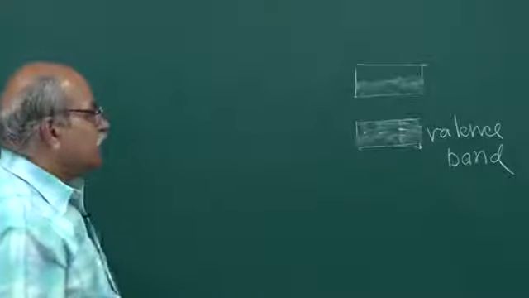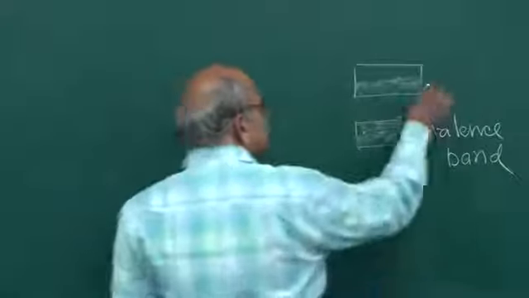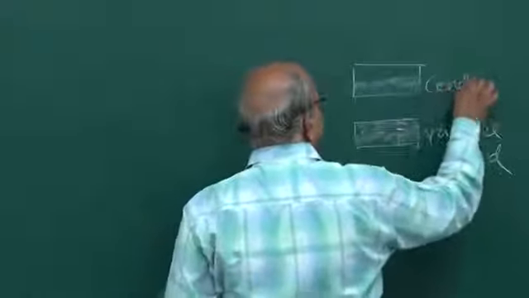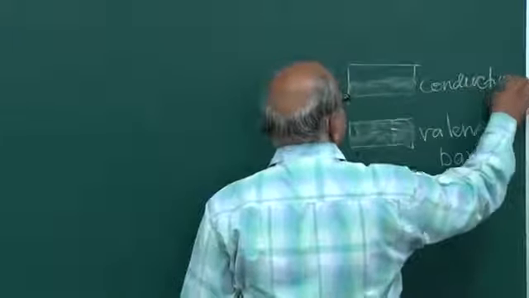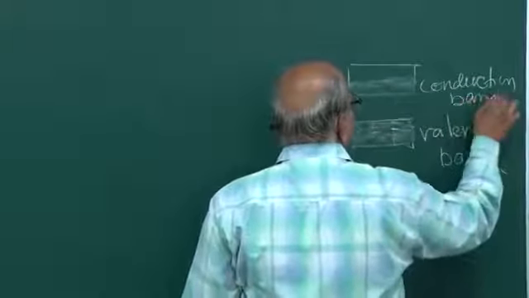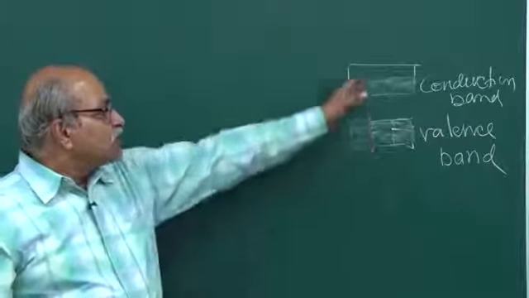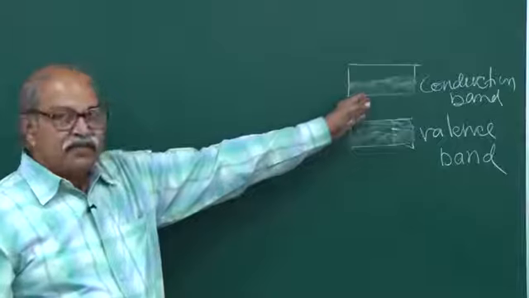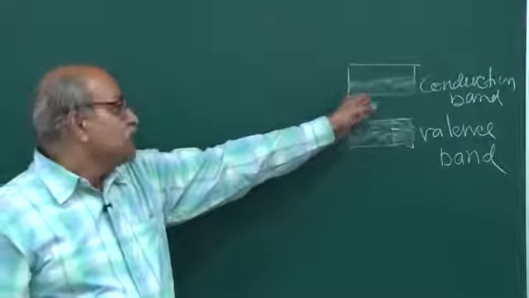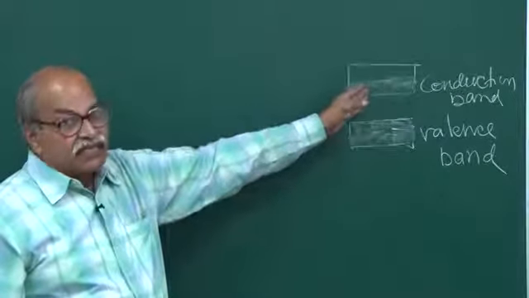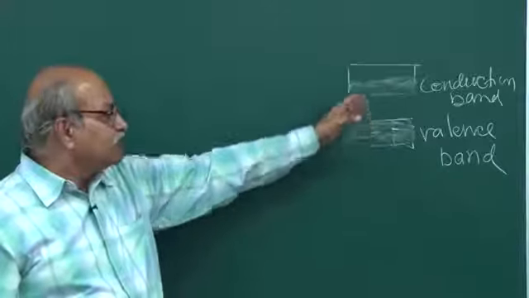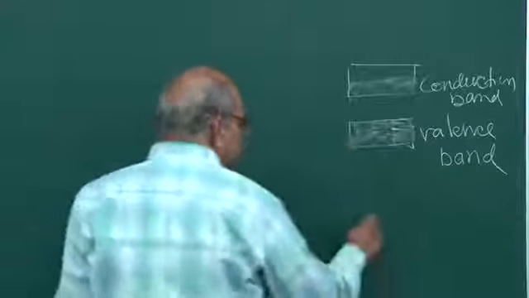This is one kind of situation where the conduction band is partially filled, partially empty. You have a large number of quantum states which are filled, that means there are electrons, and you have a large number of quantum states which are empty, and then you have the valence band. So this is one situation. This will be a conductor.